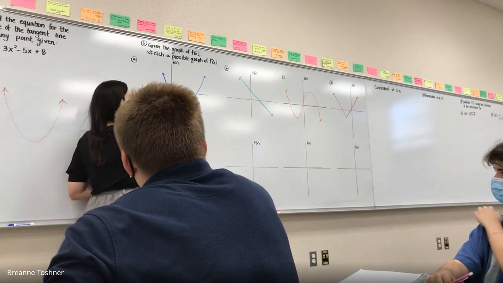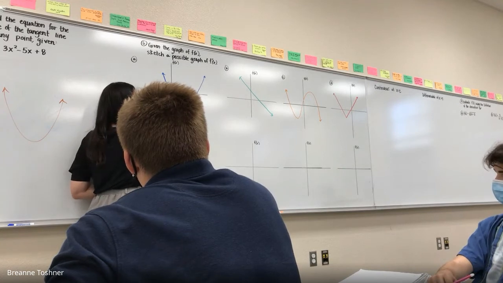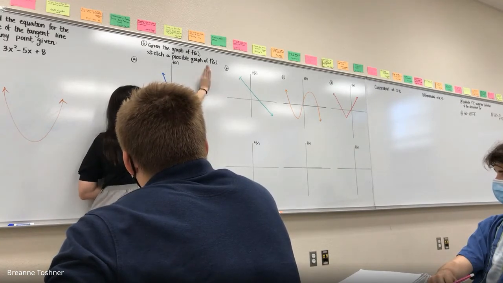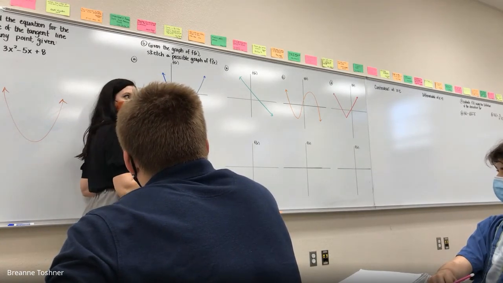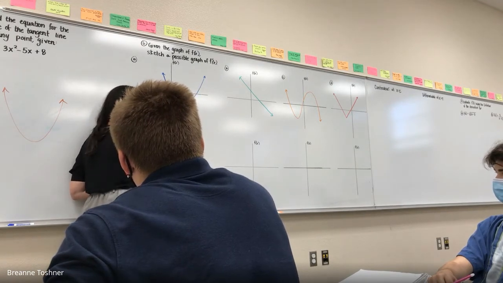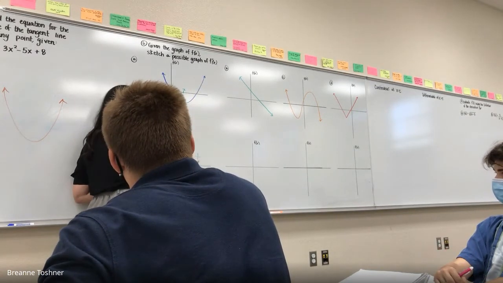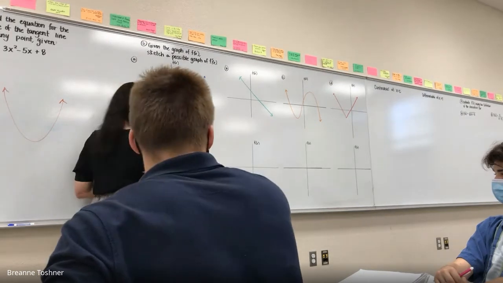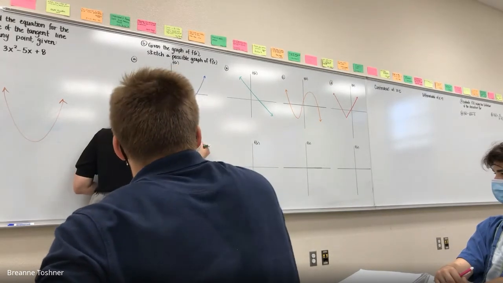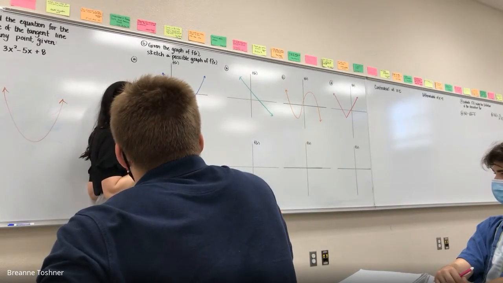Just to the right of 2, it's a little bit positive. Do you see that it becomes steeper as we move farther out? What do you think that would mean as I move farther out on my f prime graph? If my function is steeper, my slope will be what? Higher and higher and higher. So it's going to be like this value and this value and this value and get bigger and bigger and continue to get bigger because it's going to continue to get steeper.